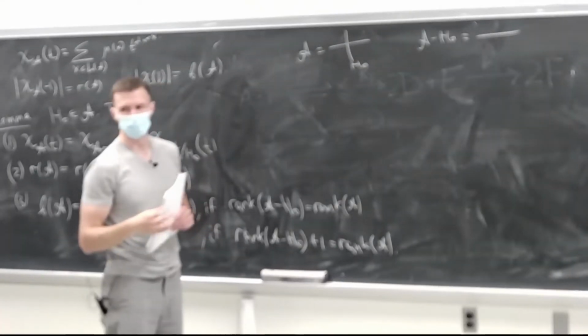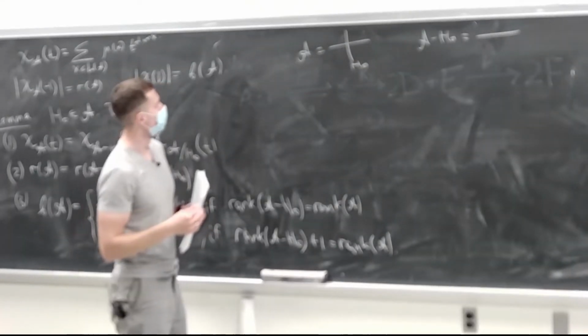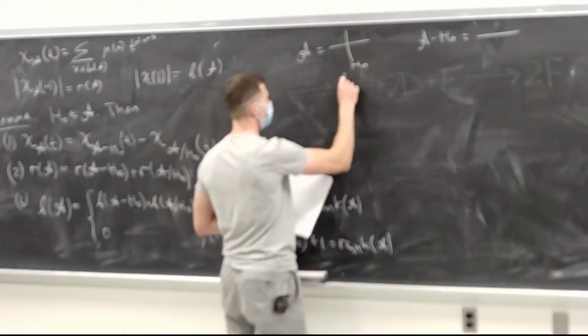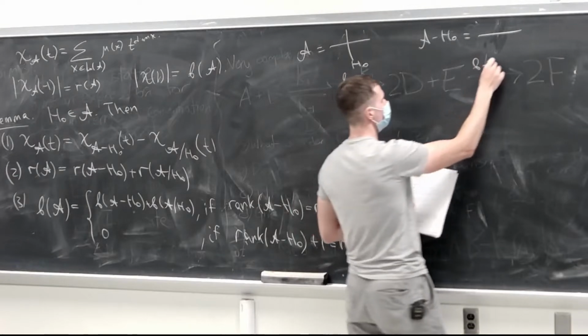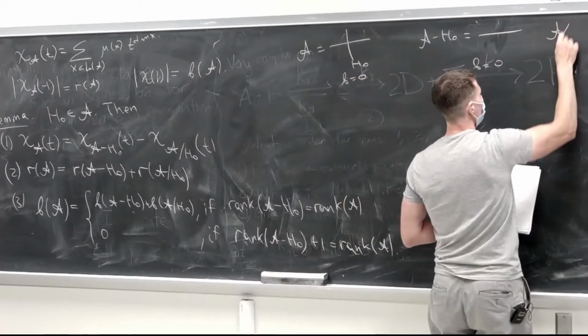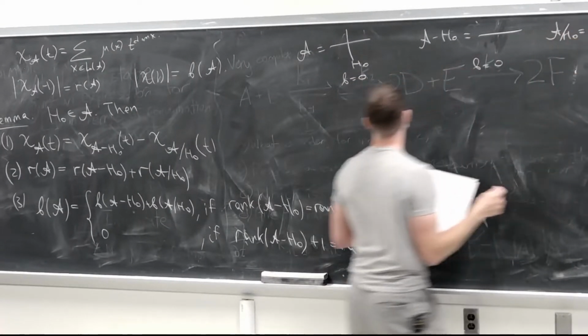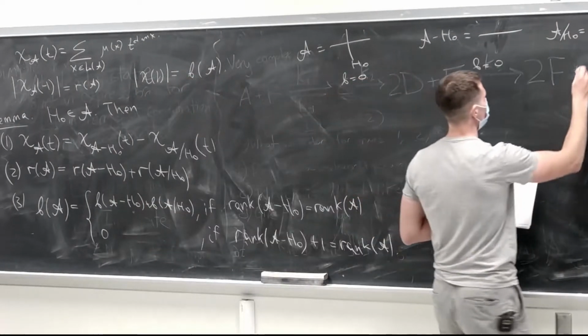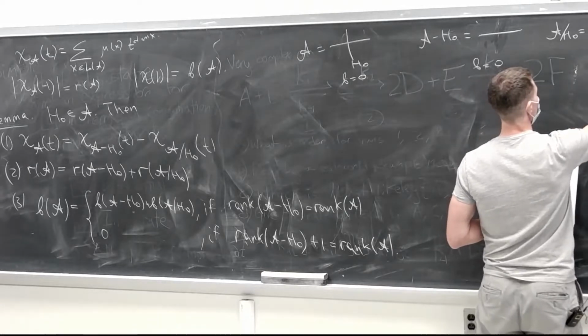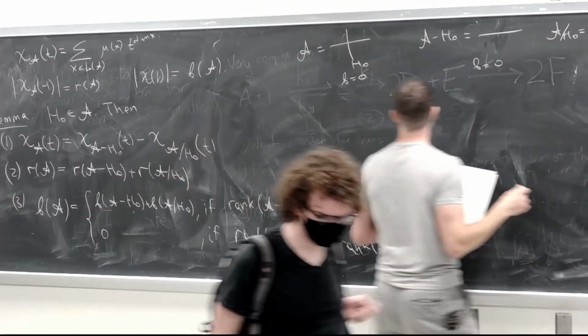How many bounded regions? It's 0, and here 0. And what about if I contract? I also get 0. Yeah, I get a dot on the line, which is okay.